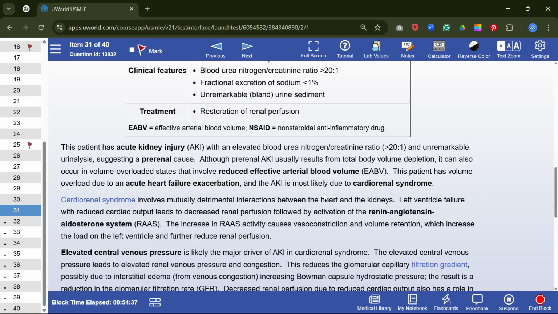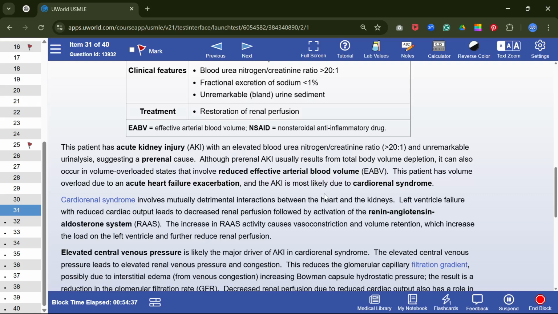Cardiorenal syndrome involves mutually detrimental interaction between the heart and the kidney.